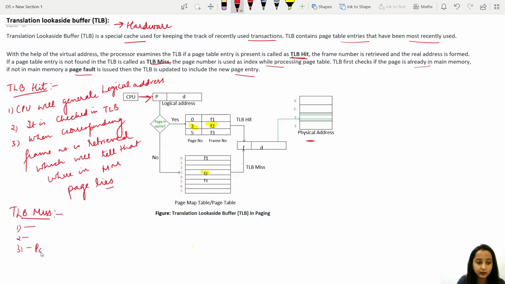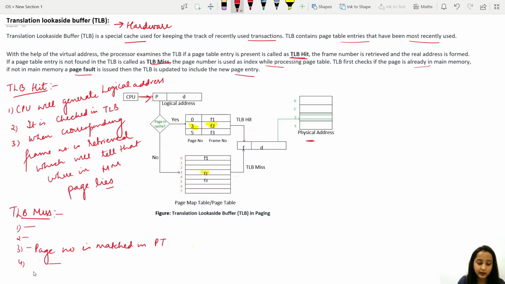The page number is not found in the cache, so it will come here and be matched in the page table, which is residing in the main memory. Next, the corresponding frame number will be retrieved, which tells the frame number present in the main memory, right?